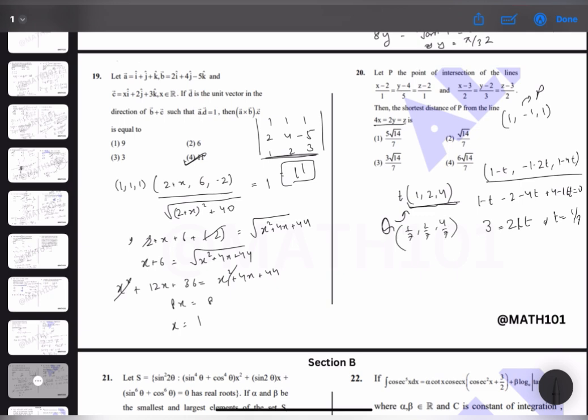So distance PQ is under root of (1 minus 1 by 7, that is 6 by 7) squared, plus (minus 1 minus 2 by 7, that is minus 9 by 7) squared, plus (1 minus 4 by 7, that is 3 by 7) squared, which is under root of, 3 by 7 comes out. We are left with 2 squared is 4, plus minus 3 squared is 9, plus 1, which is 3 root 14 by 7. So answer is 3.